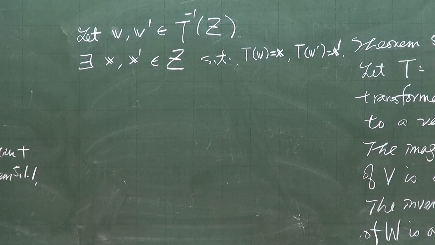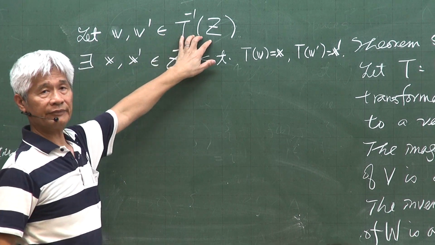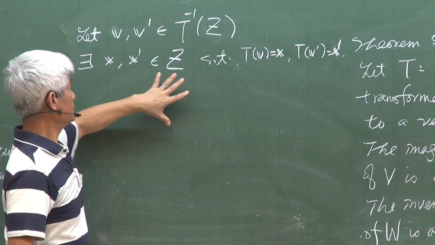This is the definition of inverse image. So V and V prime are in the inverse image of Z.